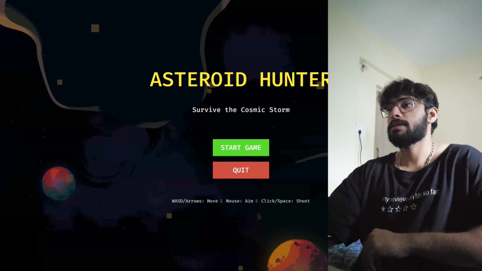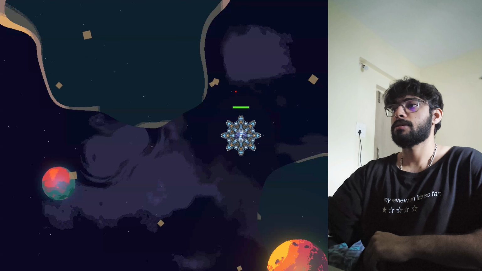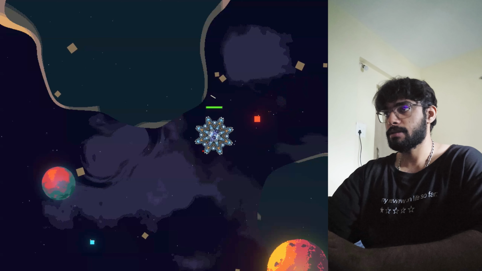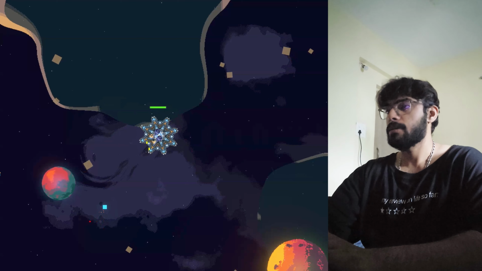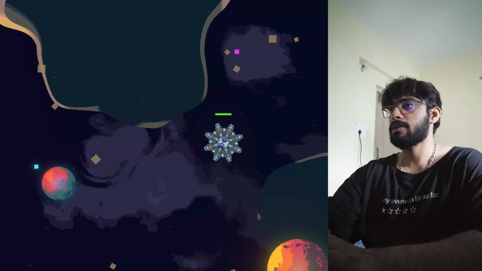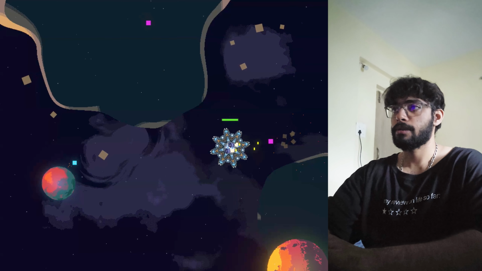We will start the game. Yes. So one thing is that the cursor, the red dot, hides under the other sprite. So I need to fix that because the cursor should always be visible.